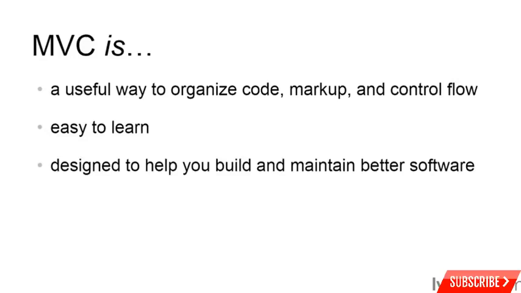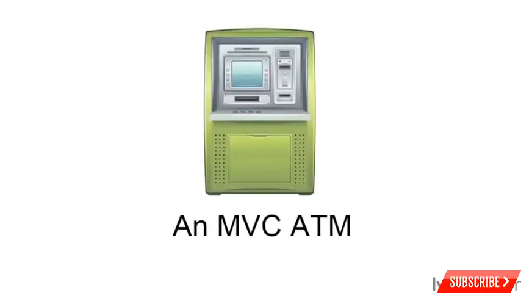So keeping these ideas in mind, in this course, I'm going to be covering the things you need to know in order to be successful when developing applications using ASP.NET. I'll do that by demonstrating how we might implement an ATM cash machine system using MVC principles. One reason I like this project is that it's a system that everyone is already familiar with.